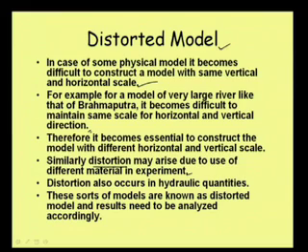To represent the boulder, if we reduce the size by the same ratio, the particle diameter of the material we have to put may be very small, and this may not give the same behavior as the boulder, because when we reduce the size to very small, its entire behavior changes: frictional property, cohesive property, everything can be different. That is also one kind of distortion. So these sorts of models are known as distorted models, and results need to be analyzed accordingly.